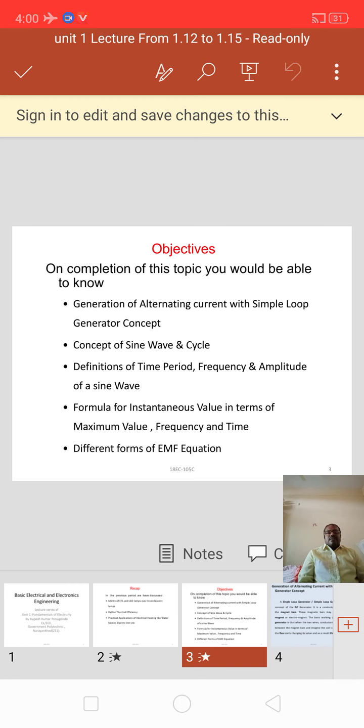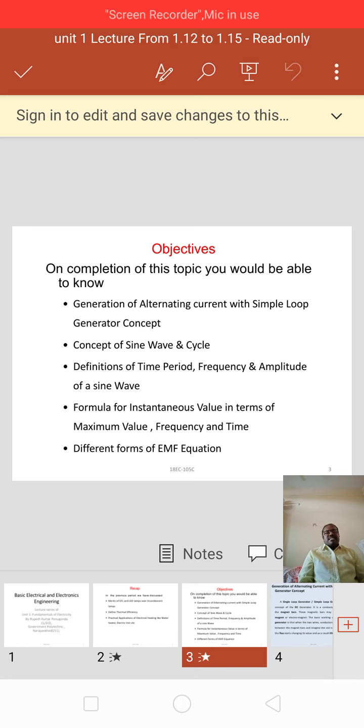As well as definitions of time period, frequency, amplitude of the sine wave. Time period means reciprocal of frequency, frequency means reciprocal of time period. Frequency is expressed in hertz, time period is expressed in seconds, minutes and hours with respect to the values. Amplitude means peak to peak value corresponds to the amplitude.